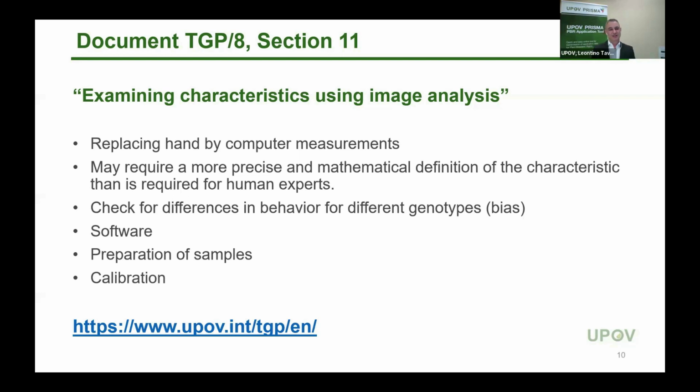You will also see a diversity of software that is used for capturing and processing the images, as well as you will hear about the preparation of samples, how carefully prepared these samples are in order to be captured through image analysis, and also the different experiences in calibrating for assessment of sizes, colors, and the characteristics that will be here illustrated.